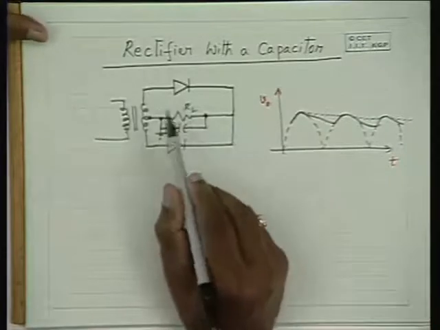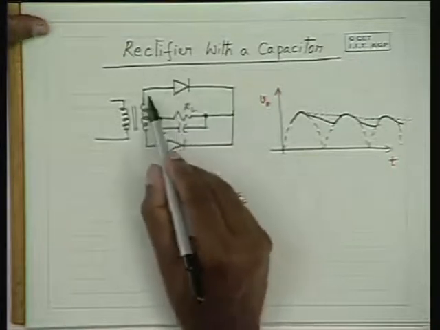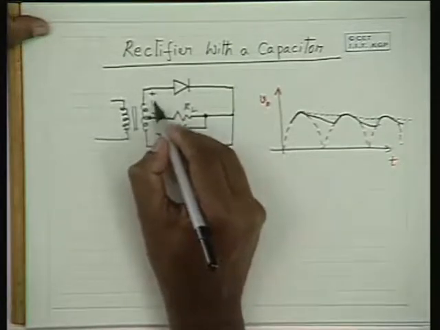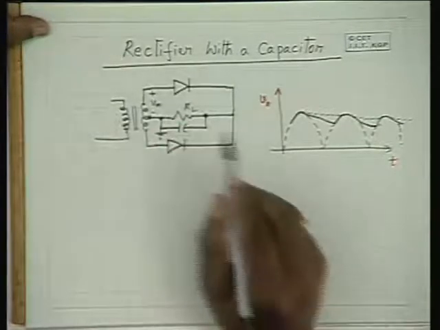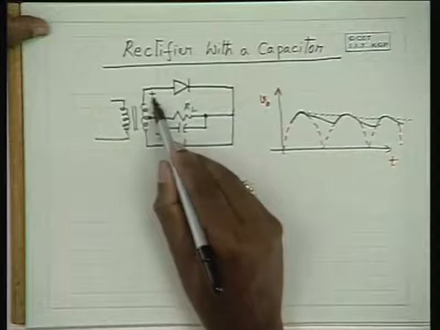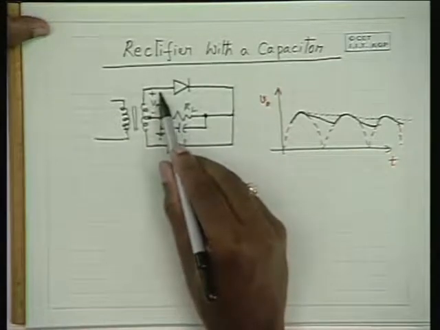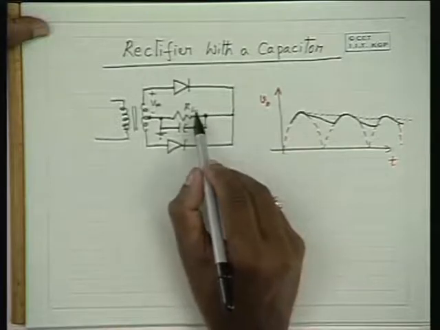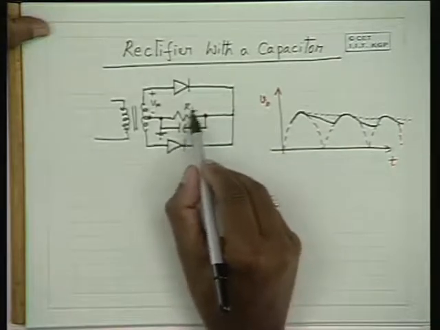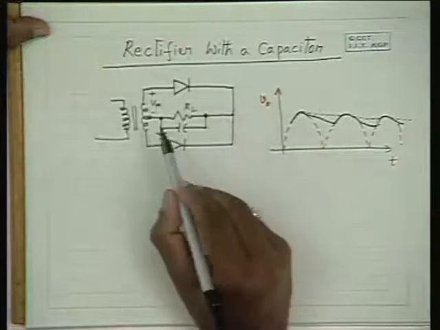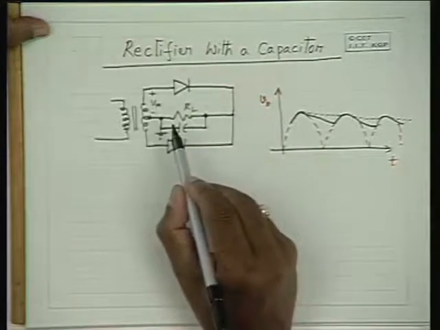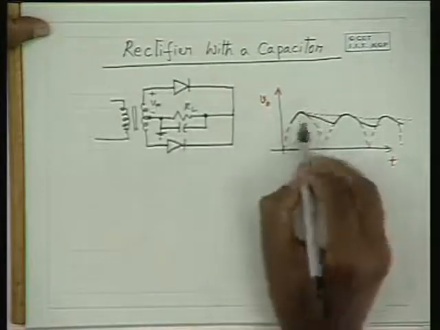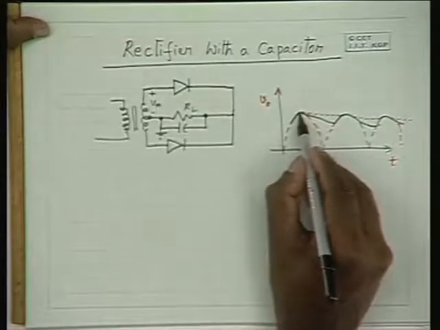So during the positive half cycle, the voltage across the secondary over here charges the capacitor, along with the load resistance, through this diode. Therefore, the capacitor gets charged to the full voltage Vm.